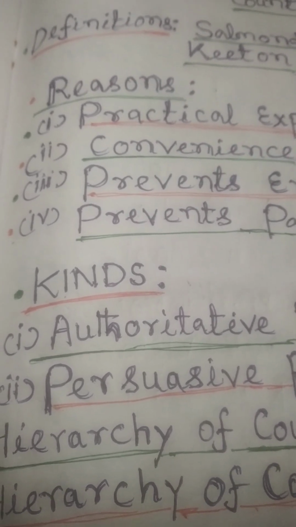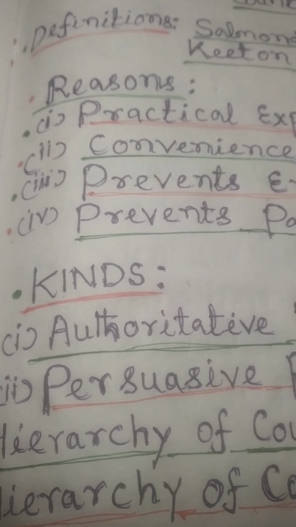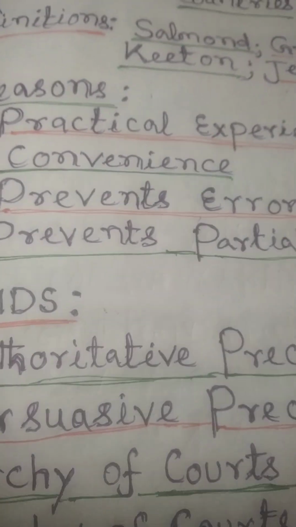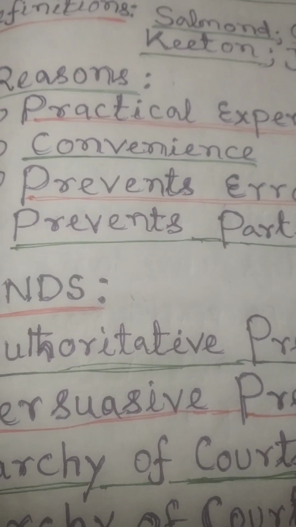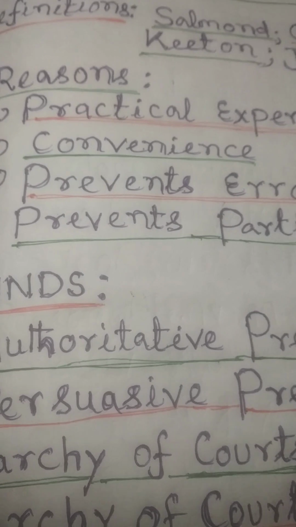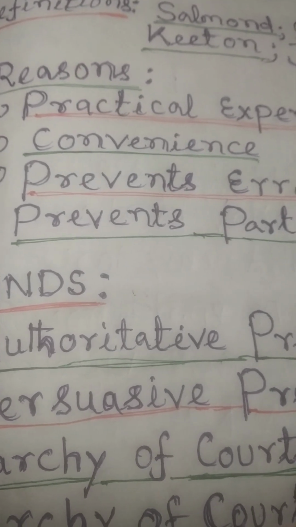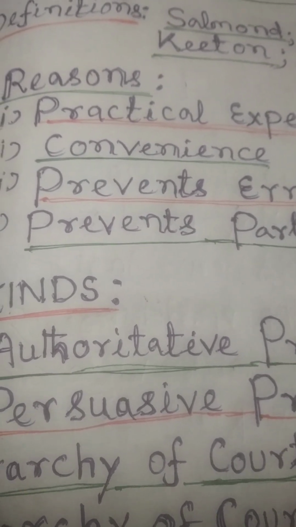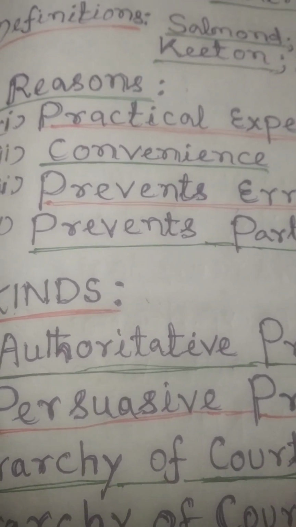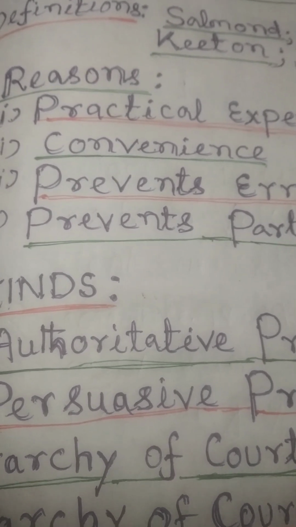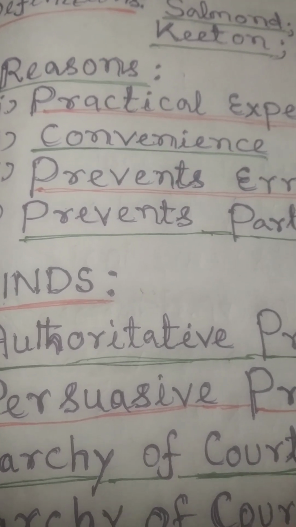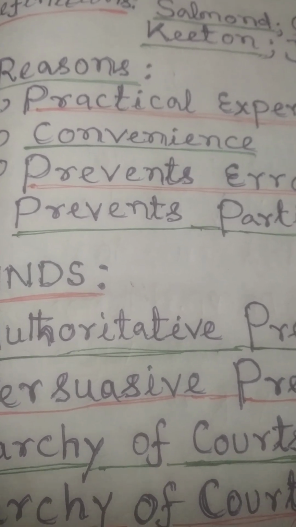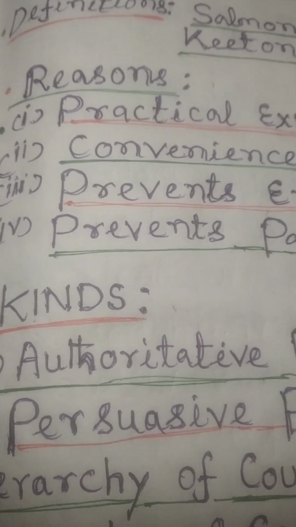In the same way, the High Court is bound to follow those precedents established by the Court of Criminal Appeal, the Court of Civil Appeal, and the House of Lords. In the same way, all the benches of the High Court would have to follow the decisions or settled laws of the Court of Criminal Appeal, the Court of Civil Appeal, and the House of Lords.